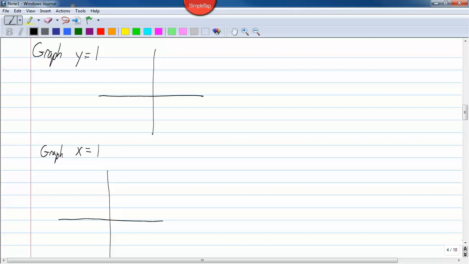But to graph y equals 1, go to where y would equal 1, put a point, and then draw a line from left to right. So draw a horizontal line. That's the graph y equals 1.